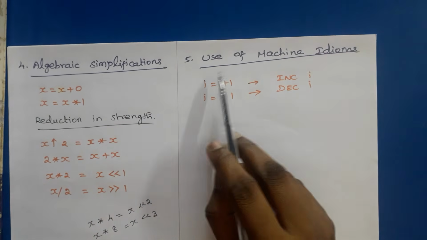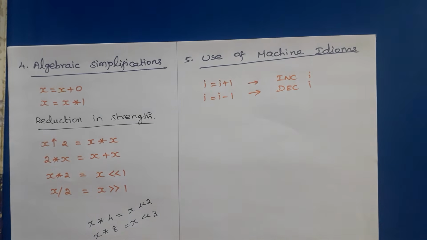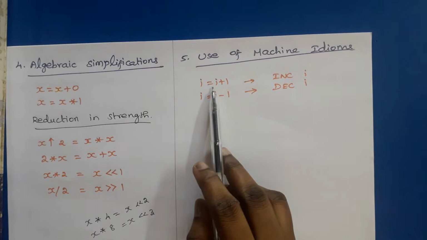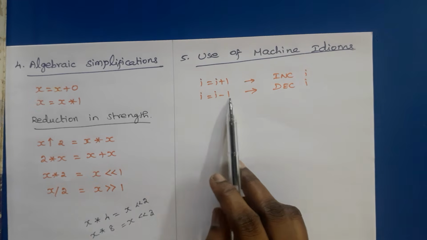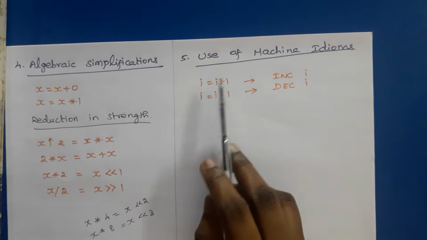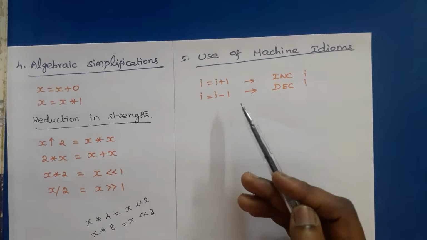Then uses of machine idioms. Here hardware instructions can be used for reducing the execution time. For example, if I equals I plus 1 and I equals I minus 1, to perform this increment, this is the addition operation. If we want to perform this, we need 3 target instructions, right?